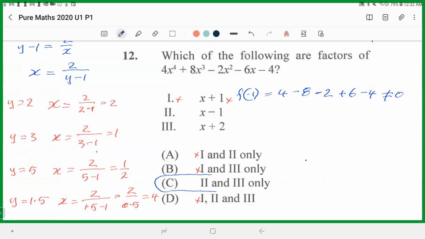The first one is not a factor, and they put the first one in 3 of the answers, so that eliminates those 3. So it has to be the second, that's the only answer. Everything with the 1, the first one is out. Quick and fast. It was like a gift. All right. Let's just double check it. Minus 8, minus 2, plus 6, minus 4.